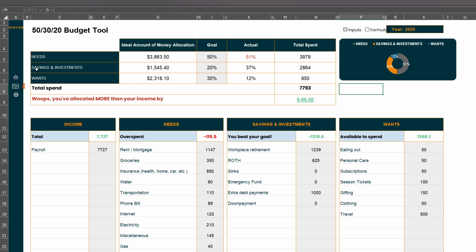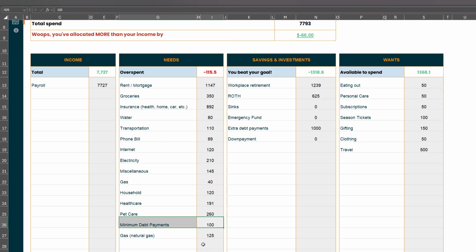In this workbook, I do find that I'm going over budget, but I try to put in as much real information as I can, but things like the minimum debt payments, arguably, and let me just scroll down here. Let me make sure that you can see this.